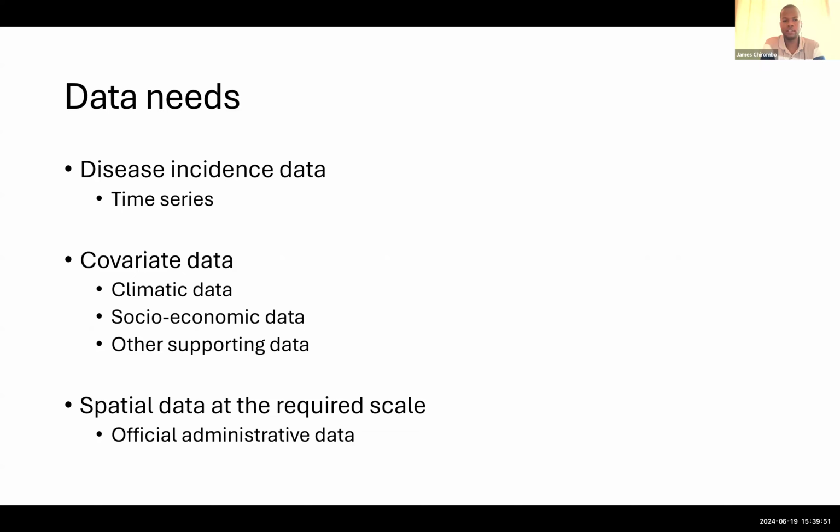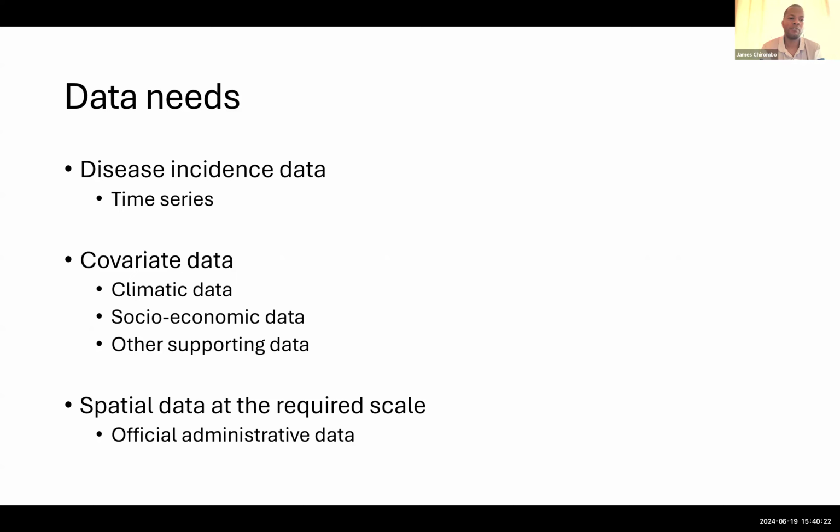Depending on the climate-sensitive disease or outcome that you're interested in, you have to have access to that. And since we are talking about climate change, it helps to have a time series that dates back as long as possible, so that you have a strong signal of the relationship between the disease outcome and the climatic variables.